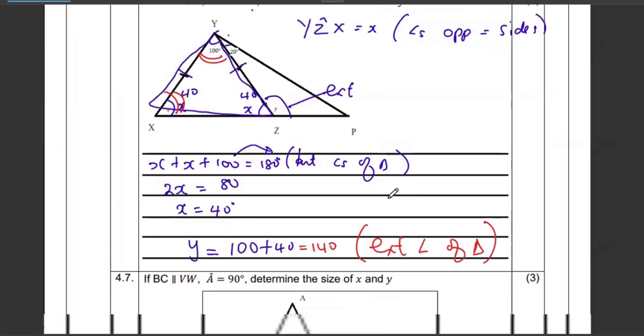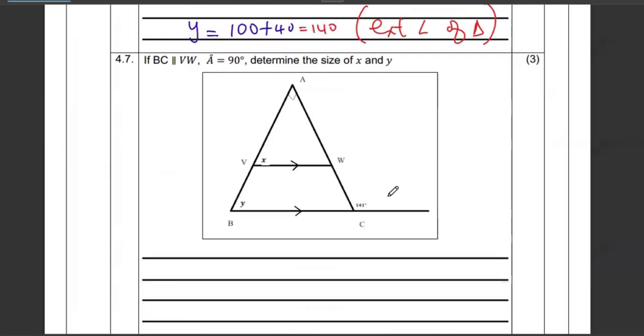Then 4.7, these lines are parallel. A is a 90. It doesn't look like one, but it's fine. They want us to get the size of x. So if this is a 141, which angle is exterior, it should be equal to this y plus this 90.